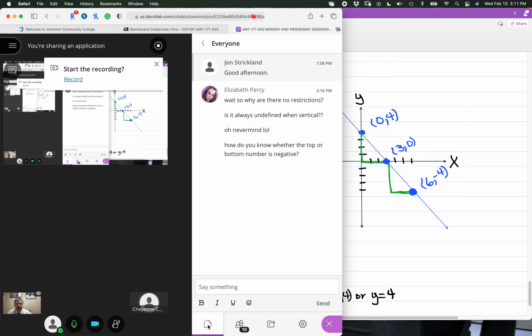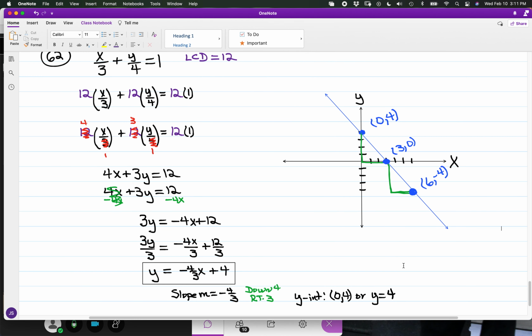In terms of whether the top or bottom number is negative, it could technically be either one, but if you have a negative ratio, in most cases you're going to read it as the top number being negative.